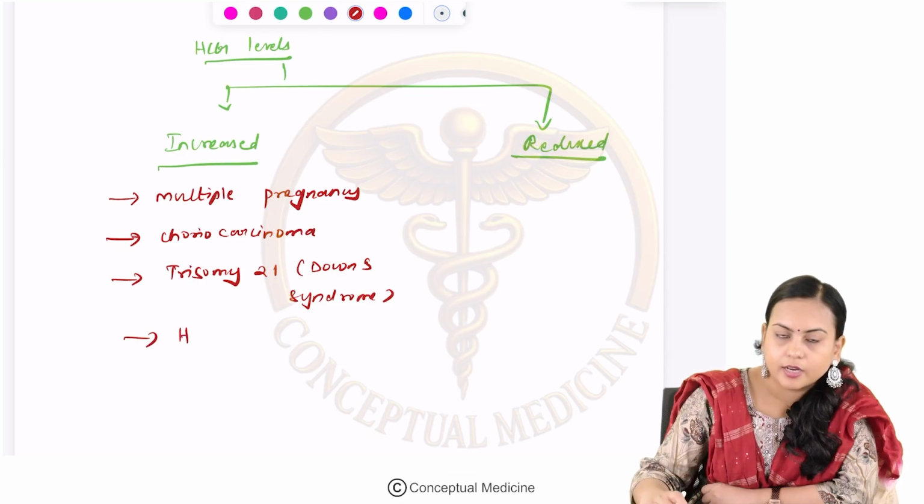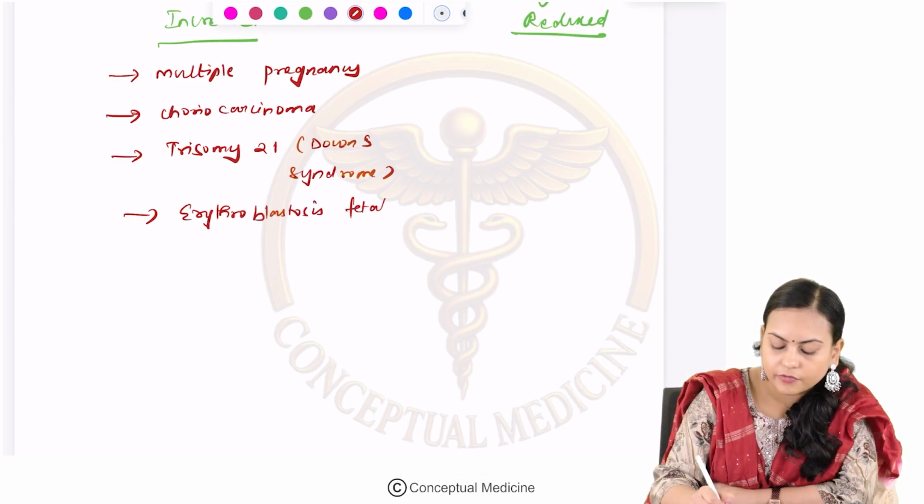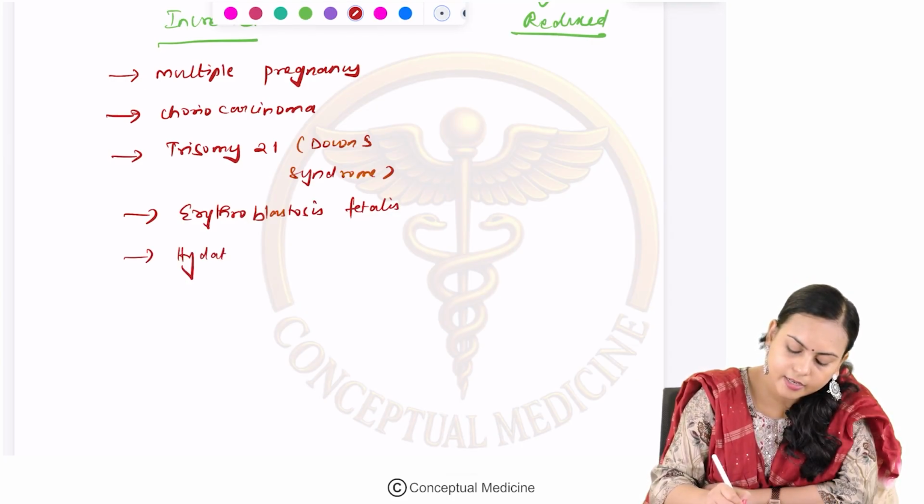Then it is also increased in erythroblastosis fetalis, and hydatidiform mole.